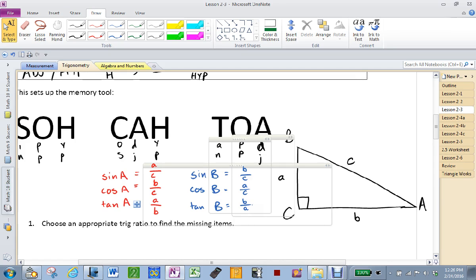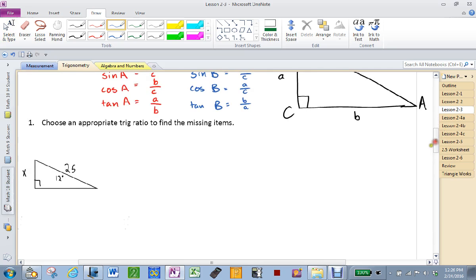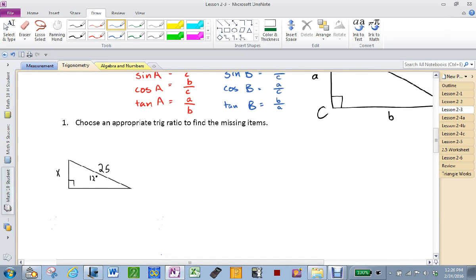Right? So, let's see. Here's a trig question. What does every trig question need? What's the first thing you need to do a trig question? A triangle. Do I have it? Yes. Great, we're halfway there. What's the second thing you need? Preferably an angle. An angle and a side or two sides.